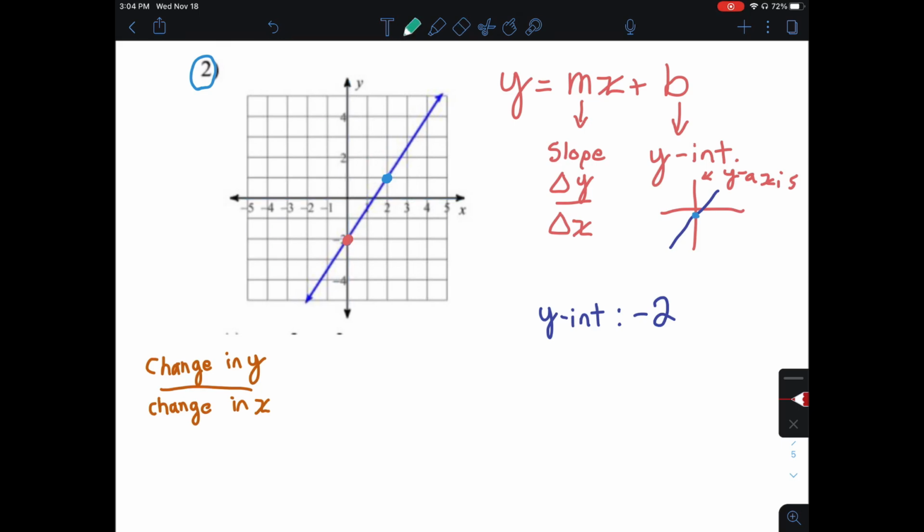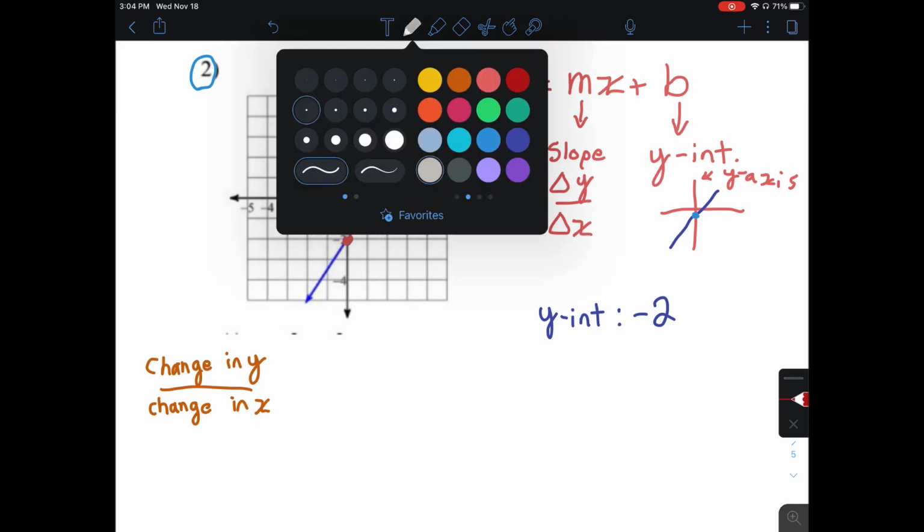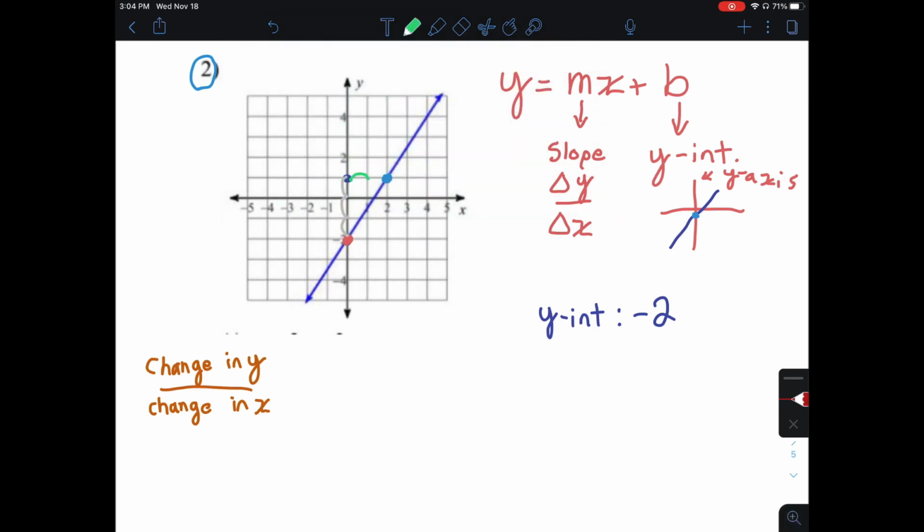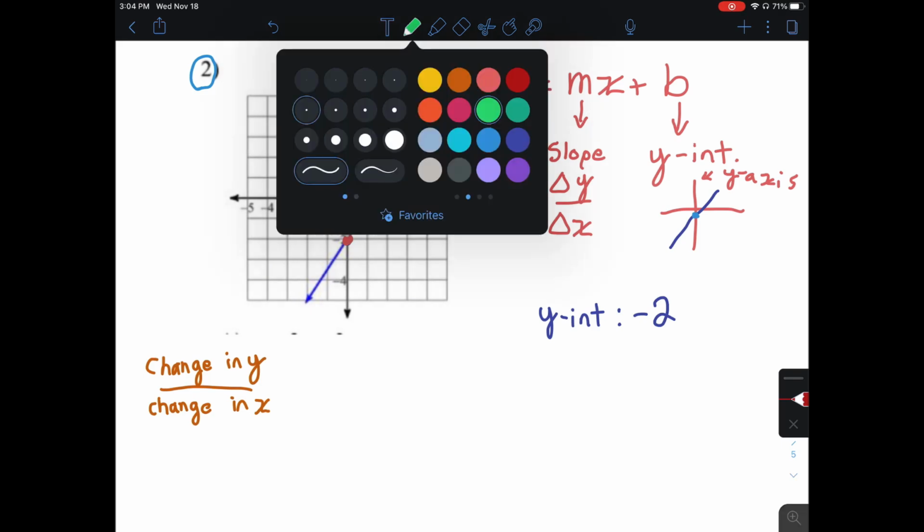Sorry, a little messy. What we want to do is find the meeting point for this example. The meeting point is right here. To go up, we go up 1, 2, 3. Then we go right, 1, 2.